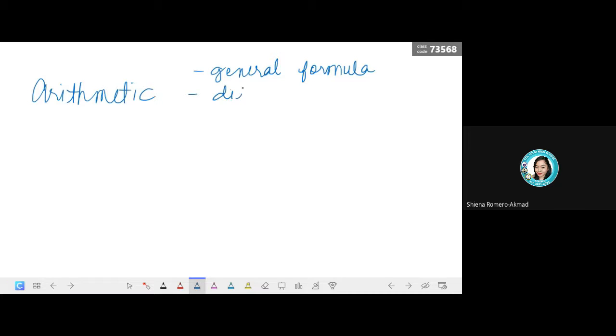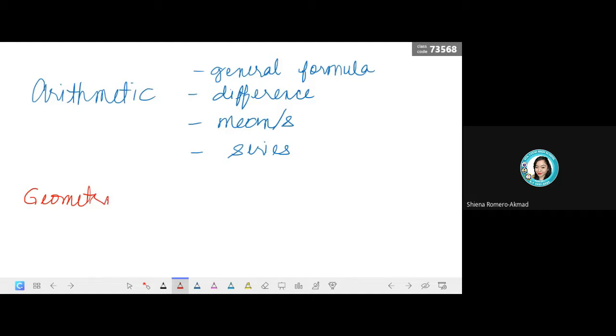We have the difference. Ano pa? We also have the mean or means. And we have the series. Ganun din po in geometric. We had its general formula.